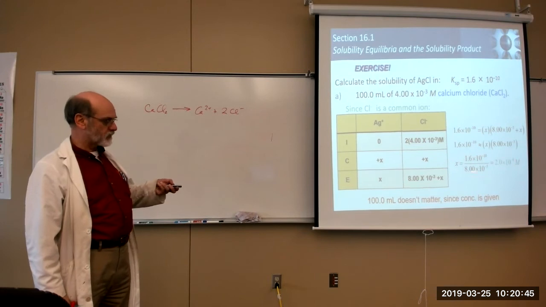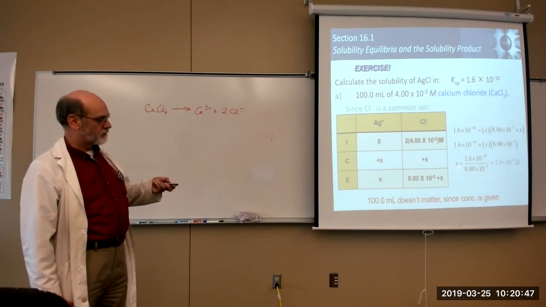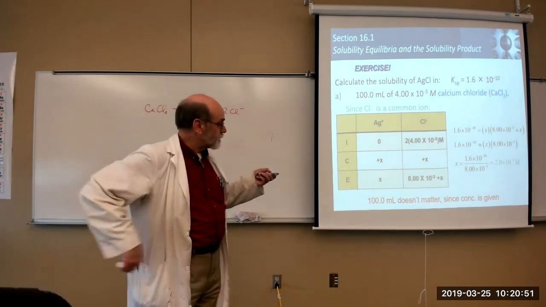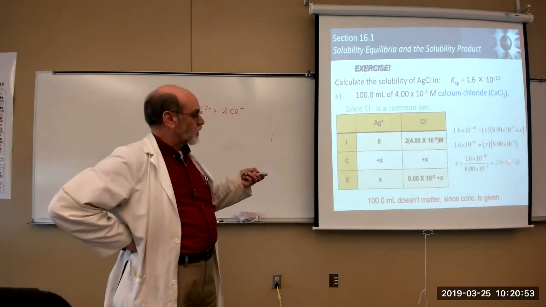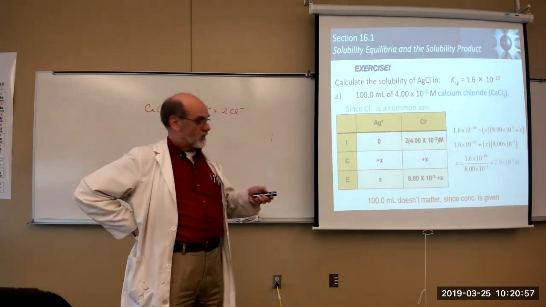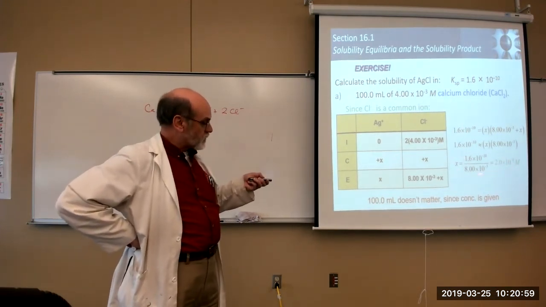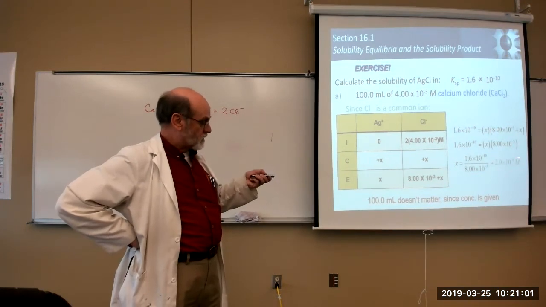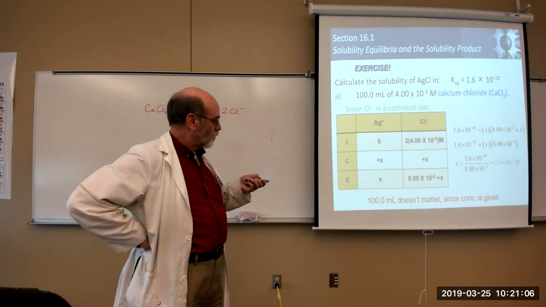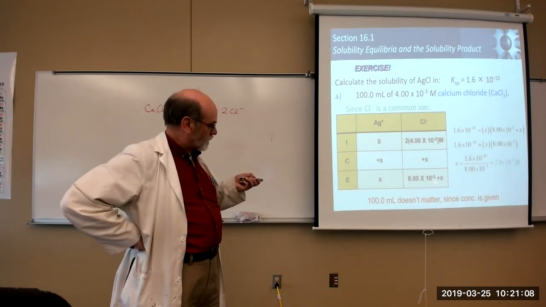Yes, solubility of silver chloride. Well, this is going to be the solubility of the silver chloride. Now, if you want to know the concentrations, this is the concentration of silver ions. But the concentration of the chloride ions would be the summation of this one and that one.